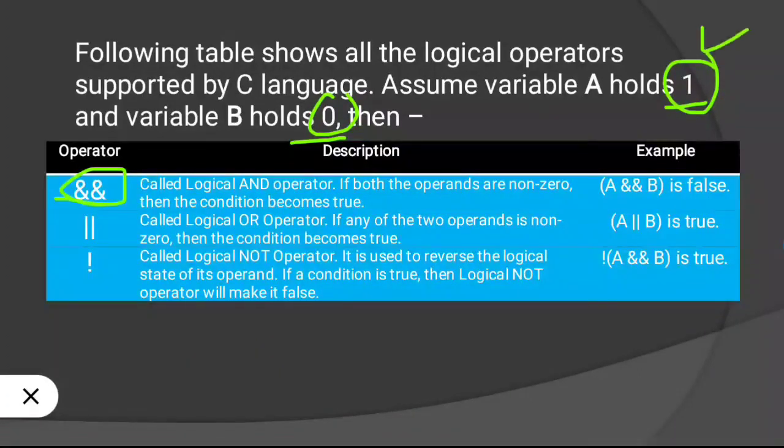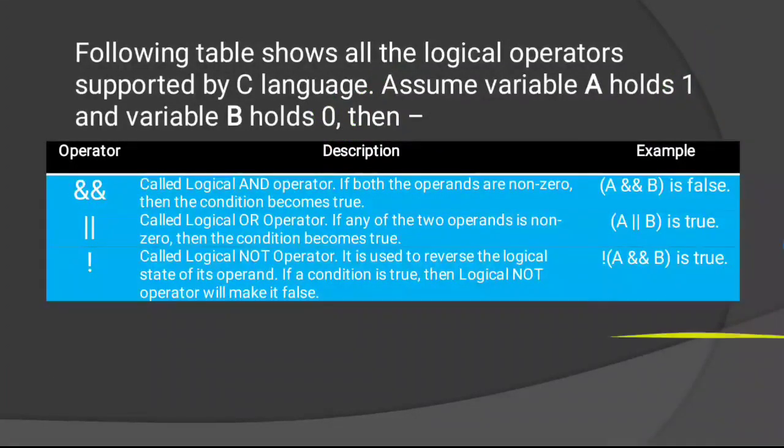See, 1 represent true and 0 represent false. Then true false, output will be false. If true true, then only output will be true. Similarly, OR operator A or B, if we write, then output will be true. And is not A and B, then output will be true because here written it is the negative statement. That is why output will be true. Understood? Then next we will proceed.